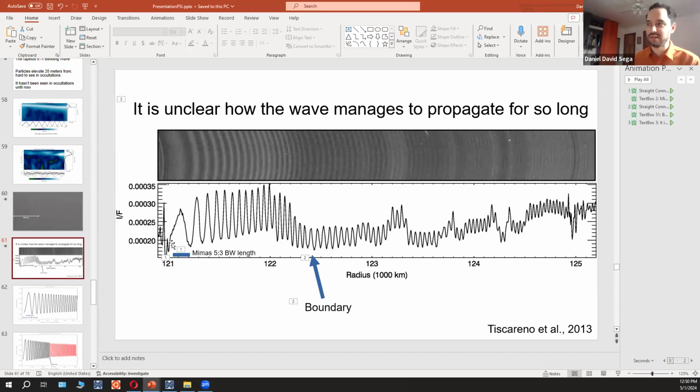So the theory is that at 121,000 kilometers, there should be a resonance with Iapetus, and that should launch a bending wave with a certain sigma going away from the planet, because sometimes waves propagate in, sometimes they propagate out, depending on the resonance. So that's what the theory says. And then we have this undulation that starts right at resonance and goes away from the planet. So that really makes us think, yeah, this is that wave.